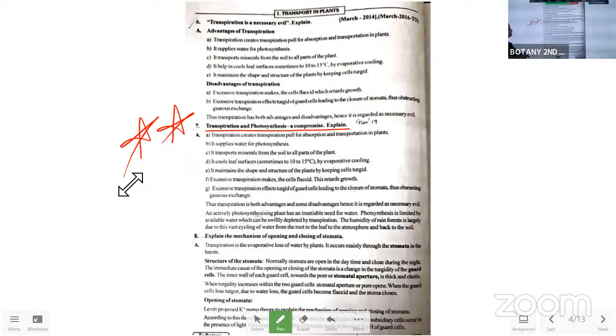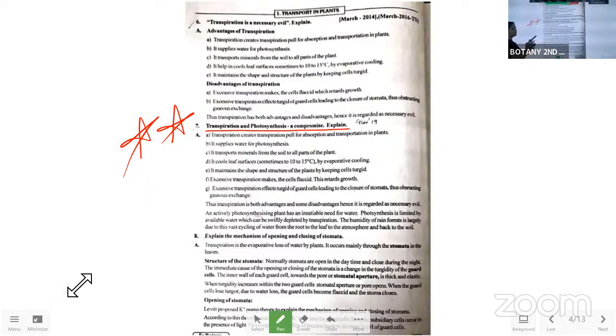Okay, and the same thing we can say for the differences between transpiration and photosynthesis, and the advantages and disadvantages of transpiration.